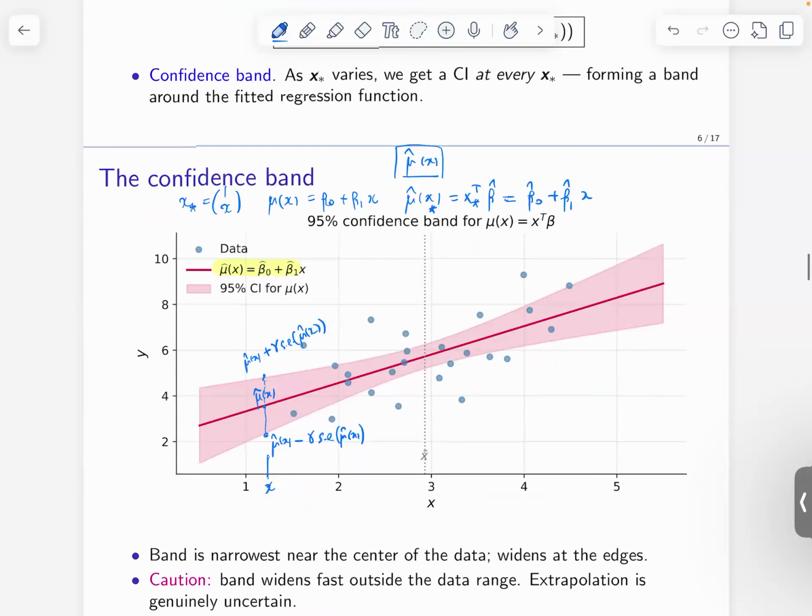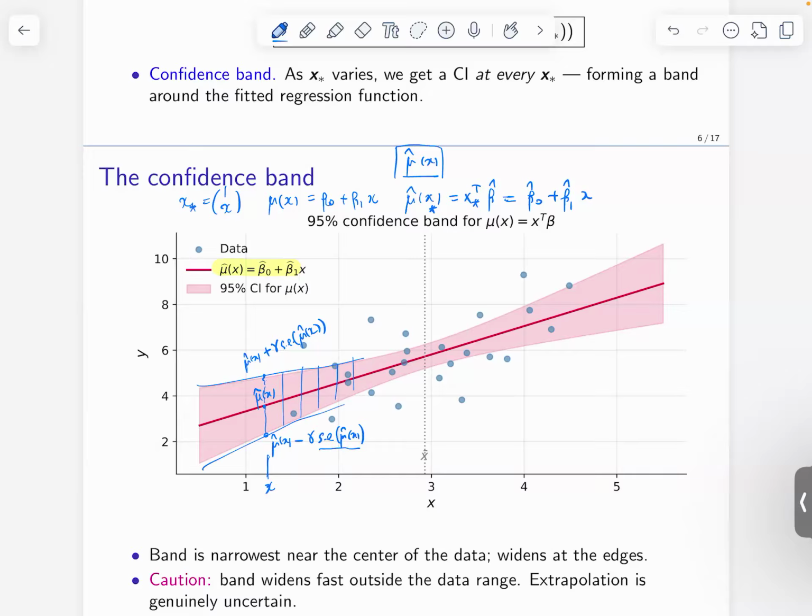Because the standard error depends on the location, and we'll see this in simple linear regression, you can easily calculate it. The width of the confidence interval, the band, would change. As you change x, you can just plot the upper and lower parts: the upper end of the confidence interval, the lower end, and the middle.